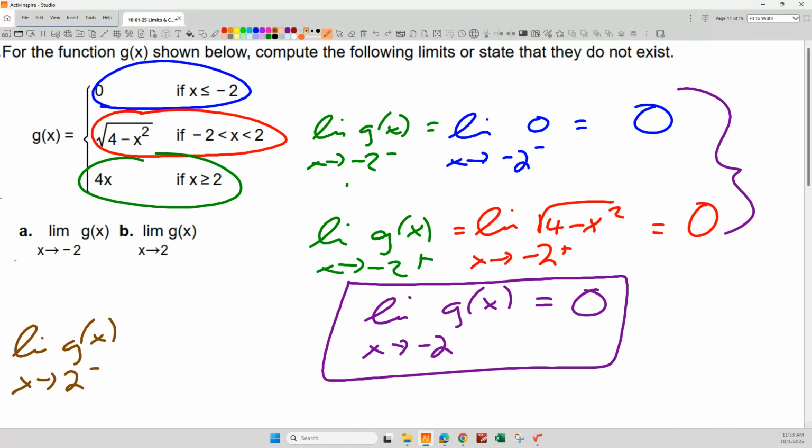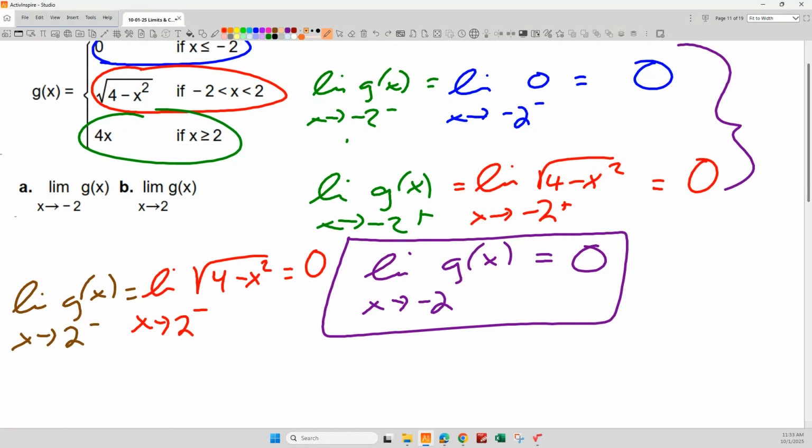Because that's the domain that includes values of x less than 2. We're approaching 2 from the left, from values that are less than 2. Okay, so then we would be taking the limit of square root of 4 minus x squared as x approaches 2, and that's just going to give me 0, right?